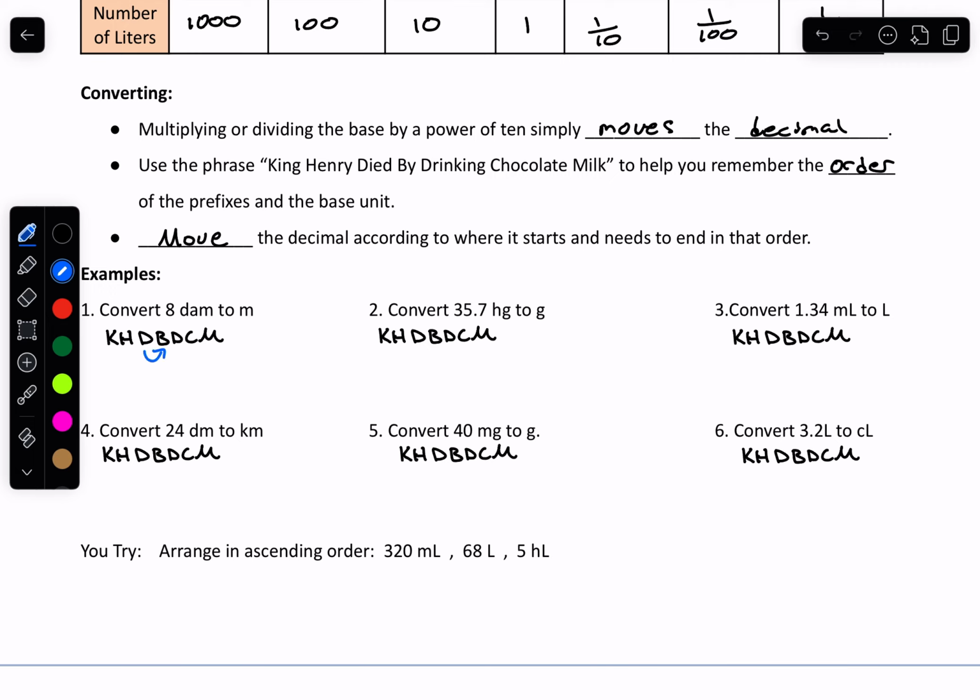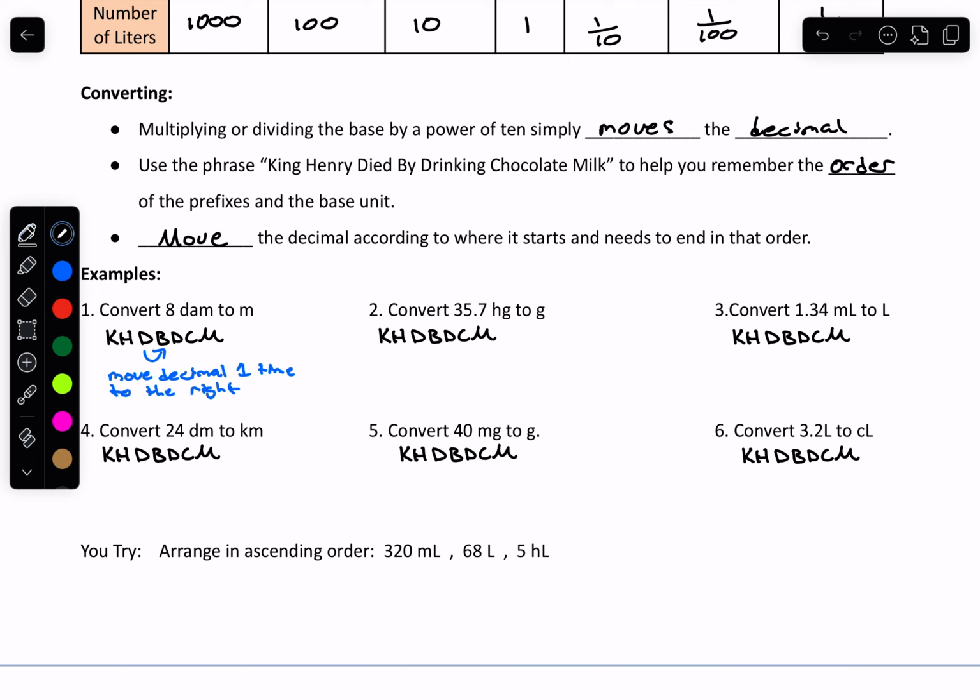So from the D to the B, we want to go 1 unit to the side. And specifically, we're going 1 unit to the right. So when we want to go 1 unit to the right, we're going to move the decimal 1 time to the right.